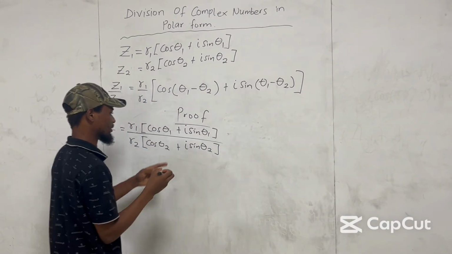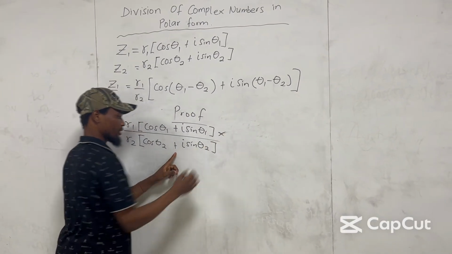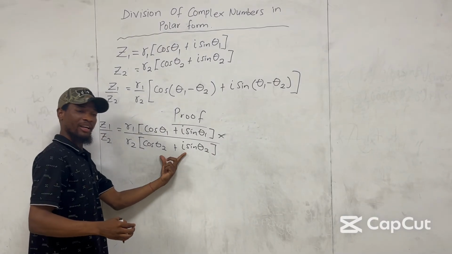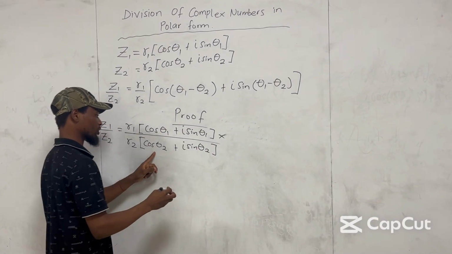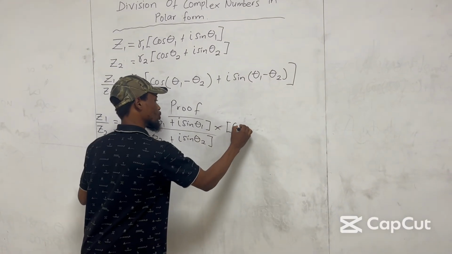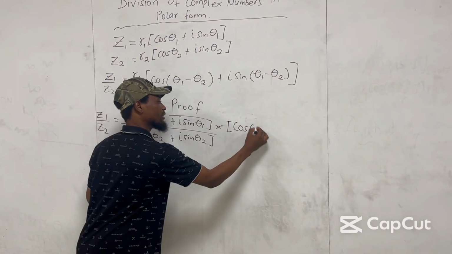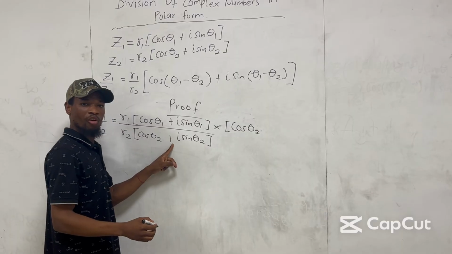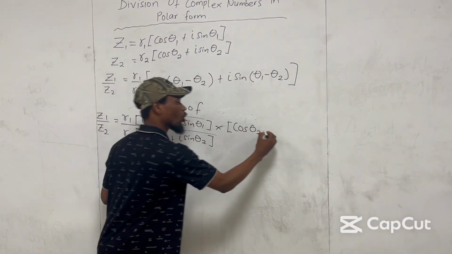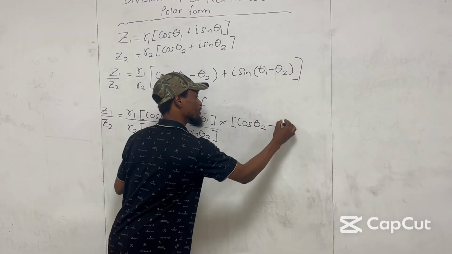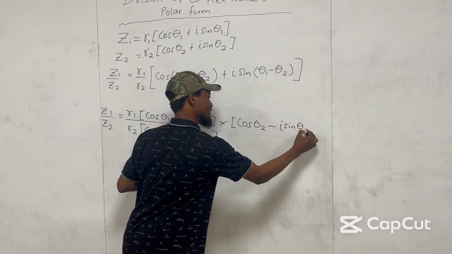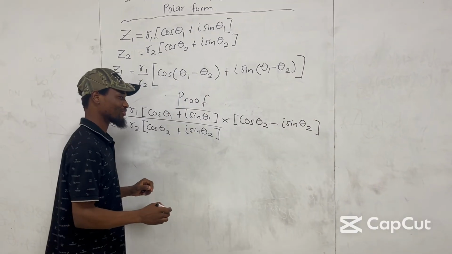As a result of that, I'll multiply the denominator by its conjugate, which will become cos theta 2 minus i sin theta 2, because it's the conjugate.